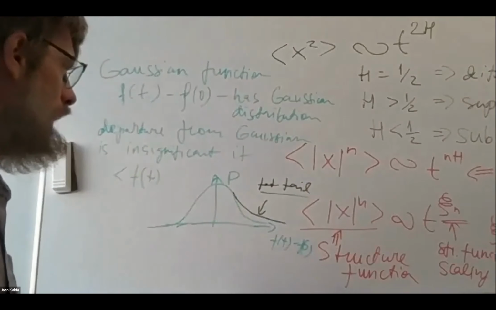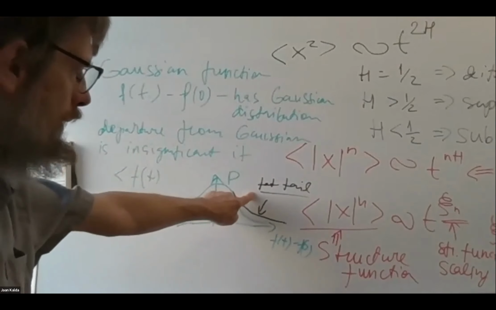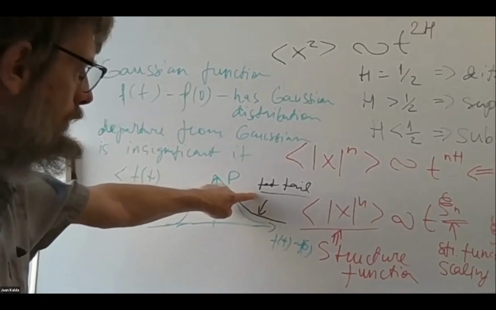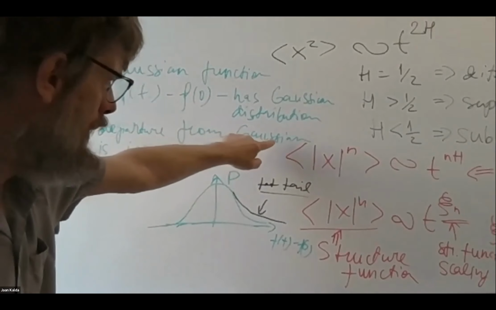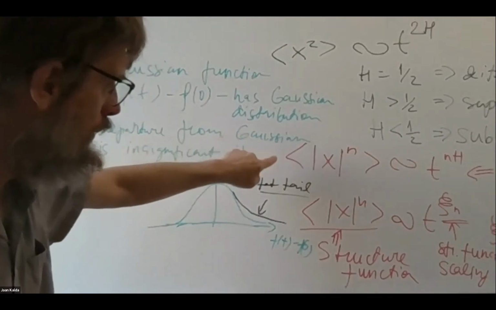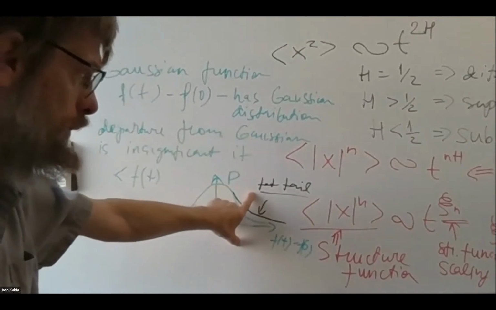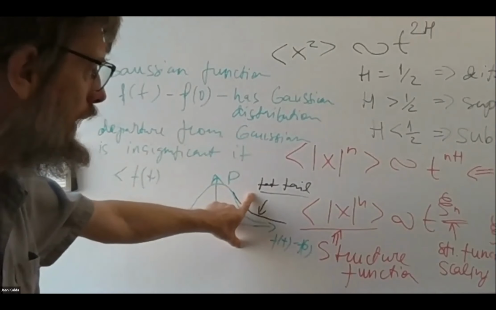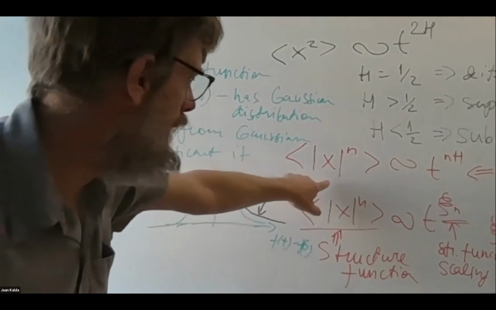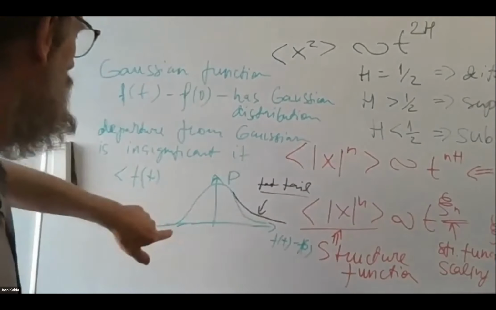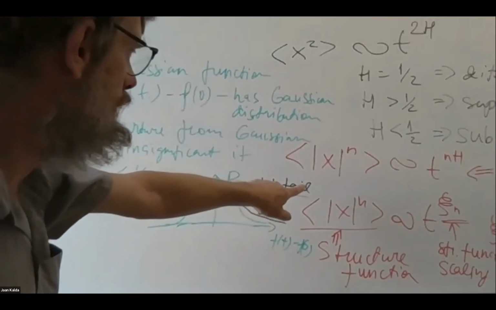Fat tail. And so a distribution with fat tails is different from a Gaussian distribution, and depending on how fat those tails are, it may happen that they start influencing that structure function.